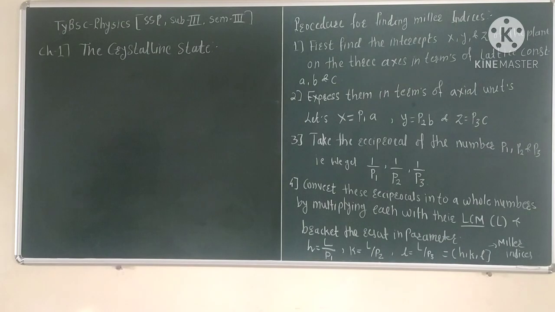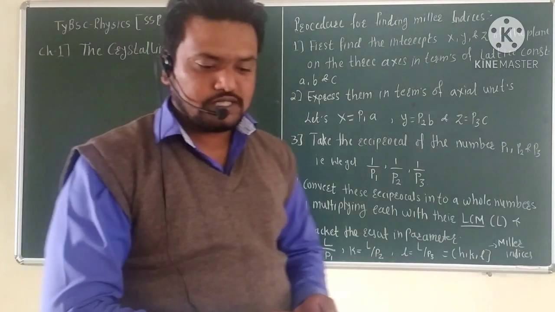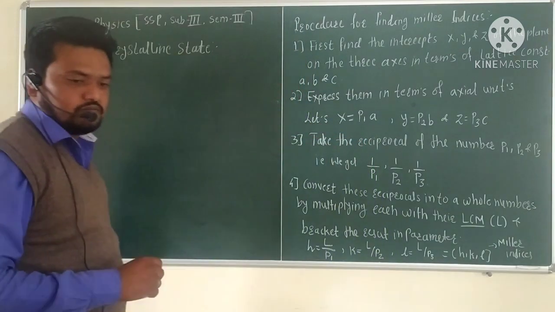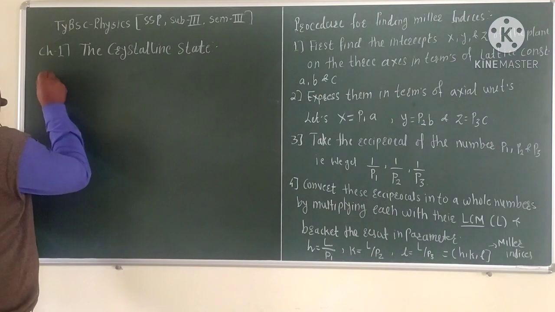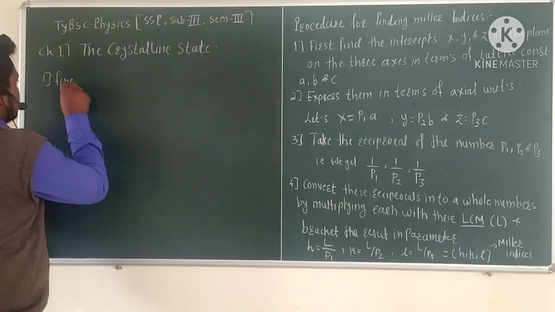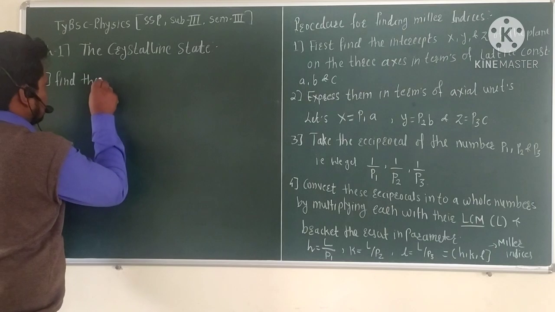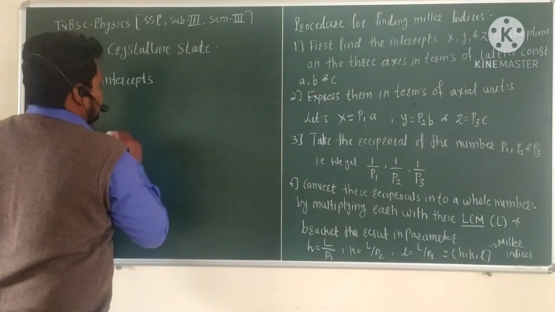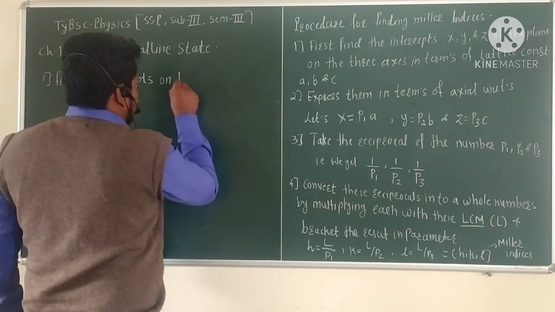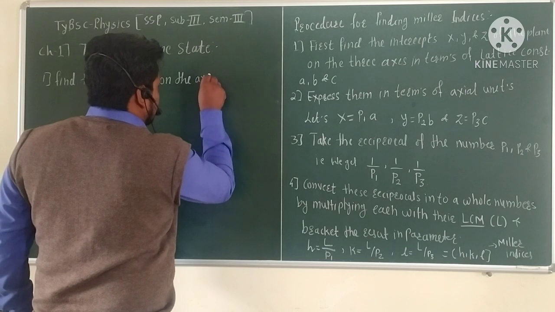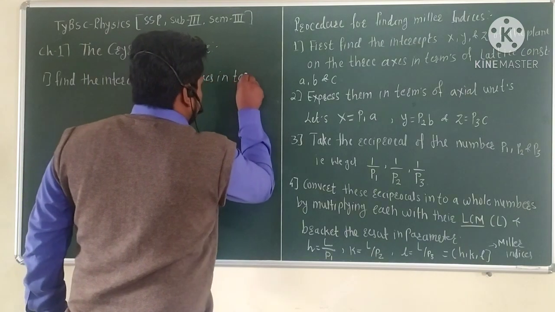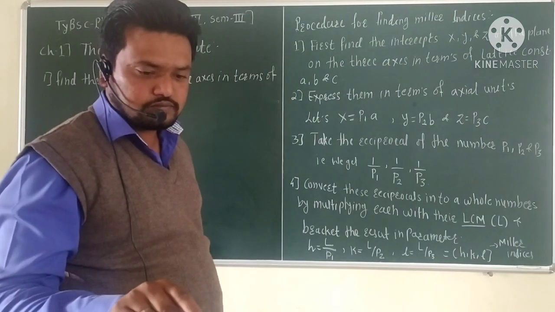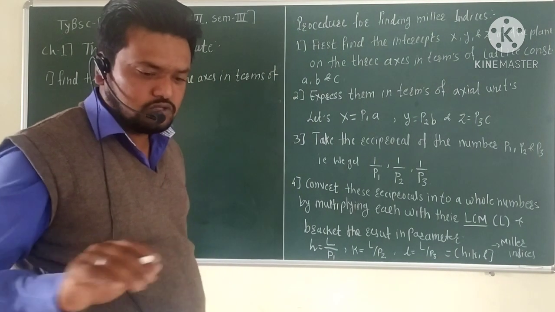What is the first step? The first step is to find the intercepts on the axes in terms of the lattice constants a, b, c.